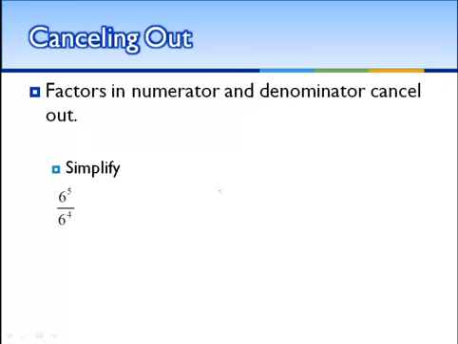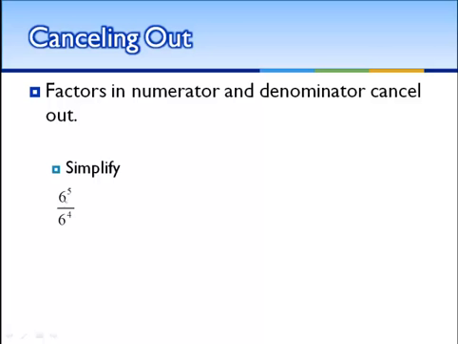So here's that rule that I mentioned before. Factors that are in the numerator and in the denominator will cancel themselves out. So in this example, 6 to the 5th times 6 to the 4th, a lot of people will make the mistake of canceling out the 6's and writing this as maybe 5/4 or something like that. You need to realize that these are not factors in of themselves.